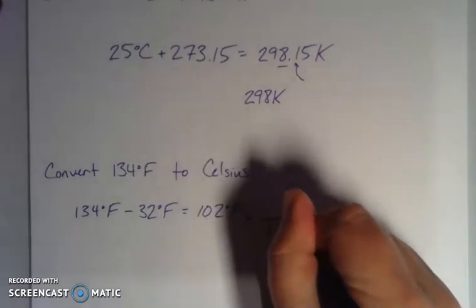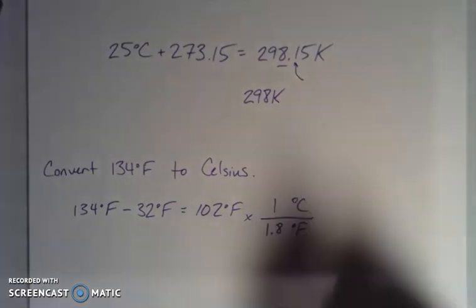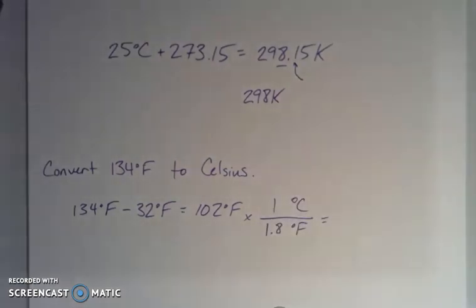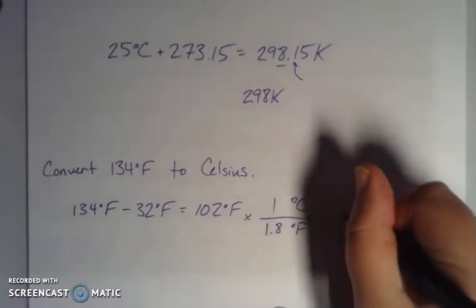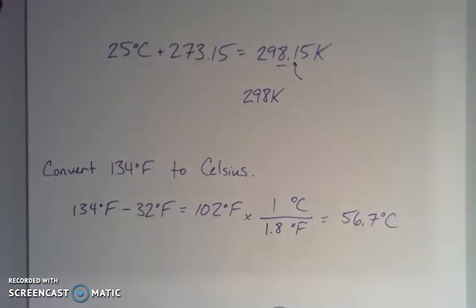We said there's 1.8 degrees Fahrenheit for every 1 degree Celsius. And when we plug and chug there, that gives us 56.7 degrees Celsius.